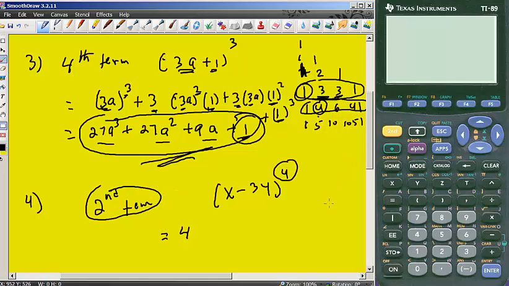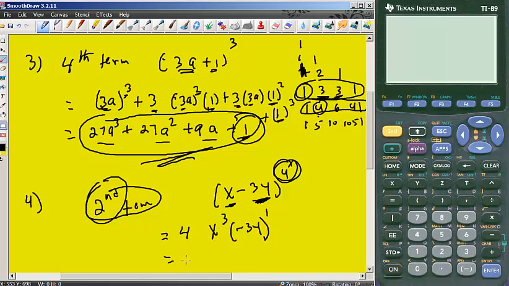Now, what about the x and the y's? On the second term, the power on the y will always have 1 less. So that'll be negative 3y to the power of 1. And then remember, this always has to add up to 4, so that means x is going to be to the power of 3.